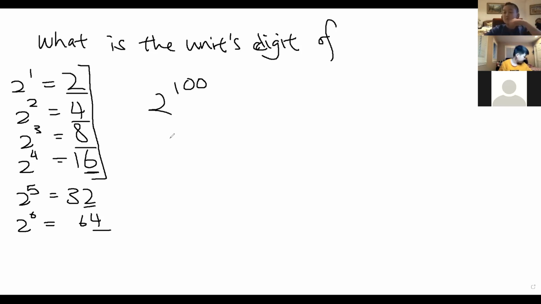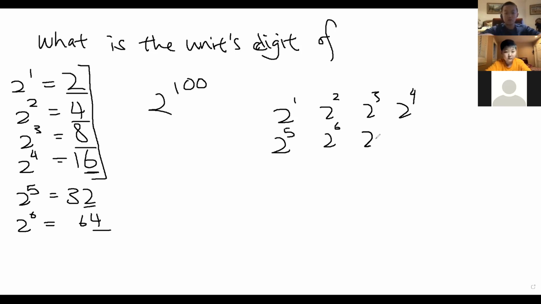So what we had to do was, I know that every single group of 4. Another way of writing this is I can say 2 to the power of 1, 2 to the power of 2, 2 to the power of 3, 2 to the power of 4. The last digits are going to be the same, where this is 5, this is 6, this is 7, this is 8, and then 9, 10, 11, 12.